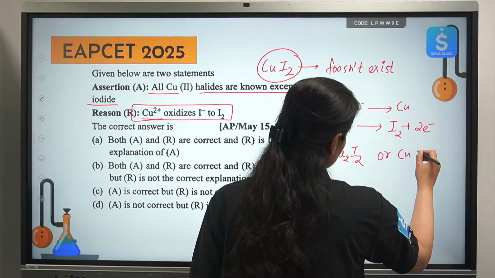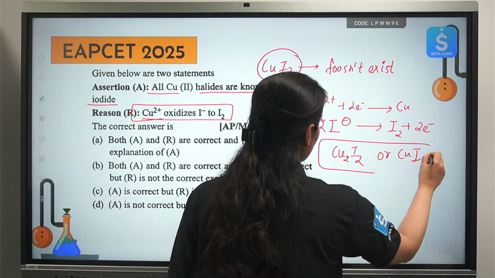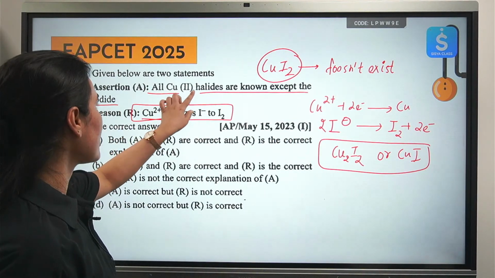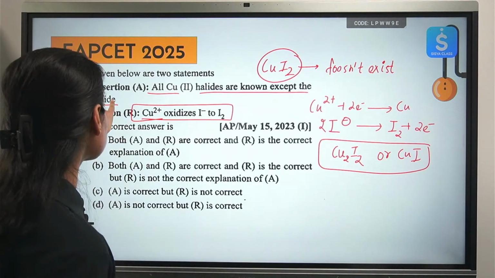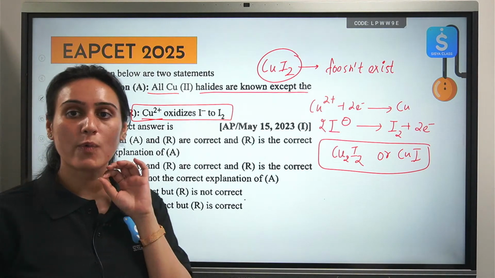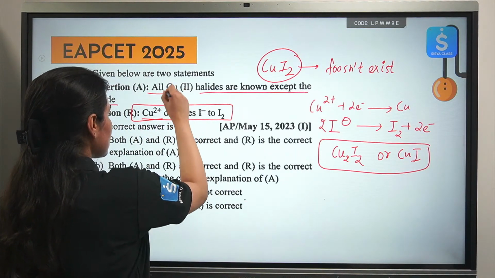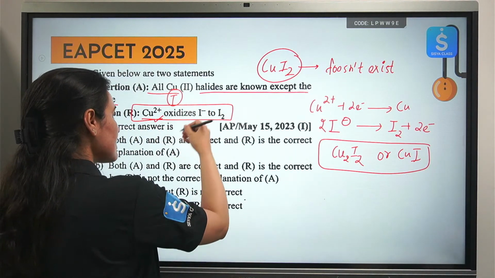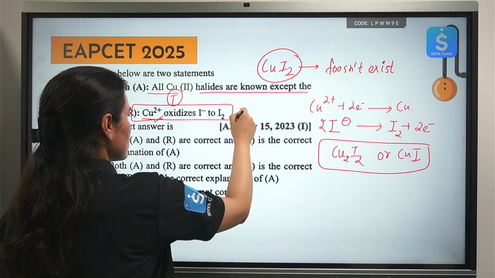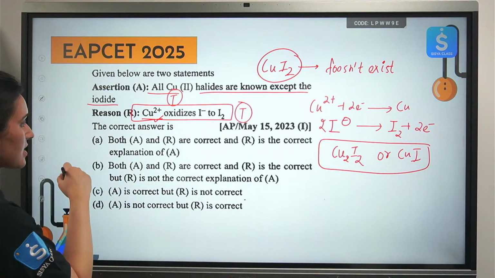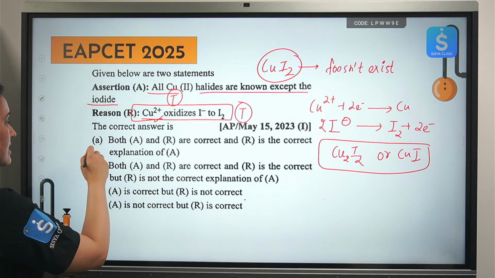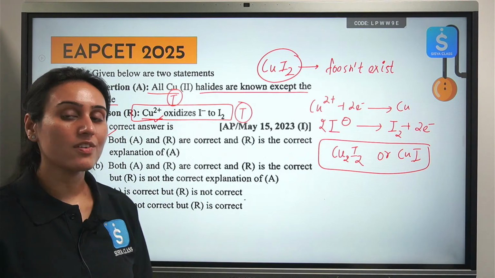CuI, not CuI2. Okay, so this statement, all copper halides are known except the iodide, that is very much true. And the reason is that Cu2+ oxidizes I- to I2. This is also true. So both assertion and reason are correct, and reason is the correct explanation of assertion.